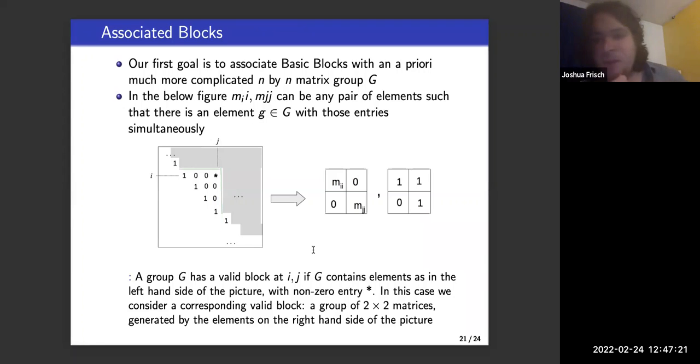And again, I apologize for the technicality, but this is the way the mathematics actually looks. So I want to look at all the upper triangular elements which are 1 on the diagonal.